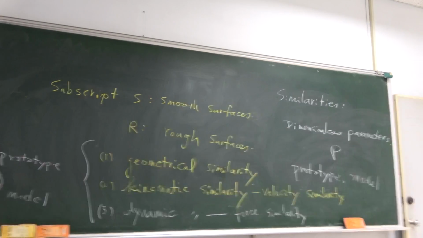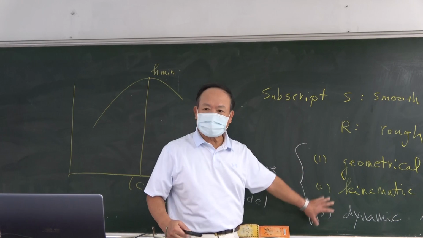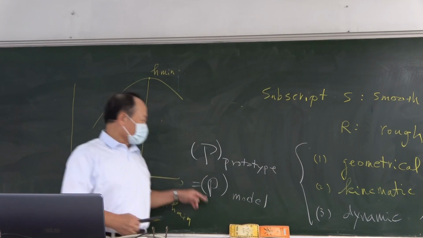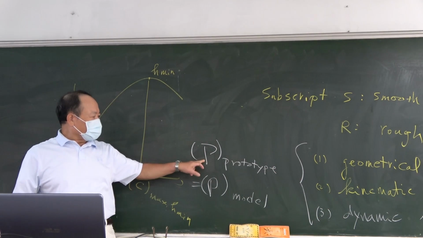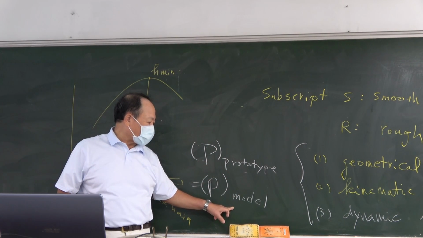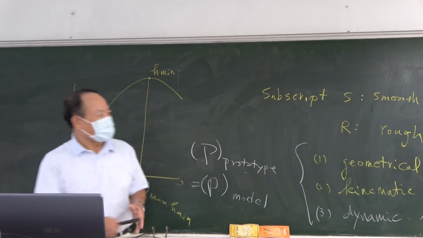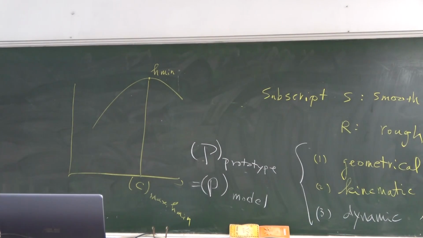Alright? 这个观念，if these three similarity are satisfied, you guarantee that any P value for the prototype equal to the P value for the model. All the P are dimensionless, 它是无因次的。无因次。Okay, alright.